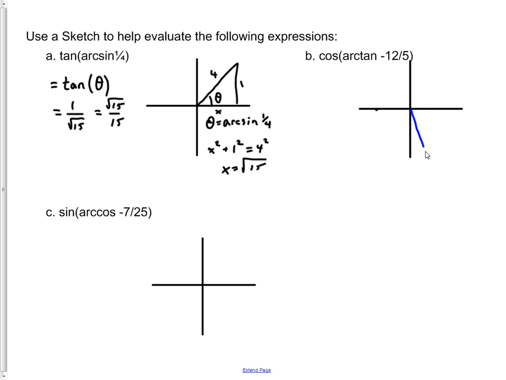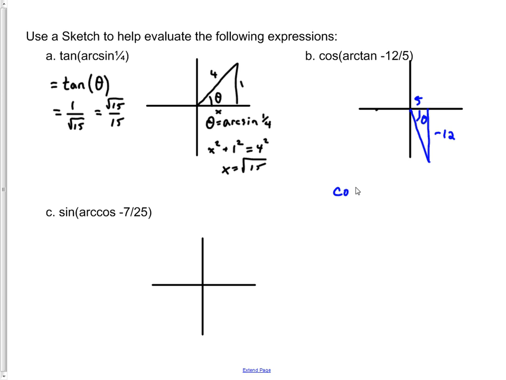Because that's where tangent gives us negative values on that interval from negative pi over 2 to positive pi over 2, not including negative pi over 2 and positive pi over 2. And the ratio of those two is, let's see, negative 12 on the opposite side and 5 on the adjacent side. This looks familiar. So there's some angle theta here that we're taking the cosine of.